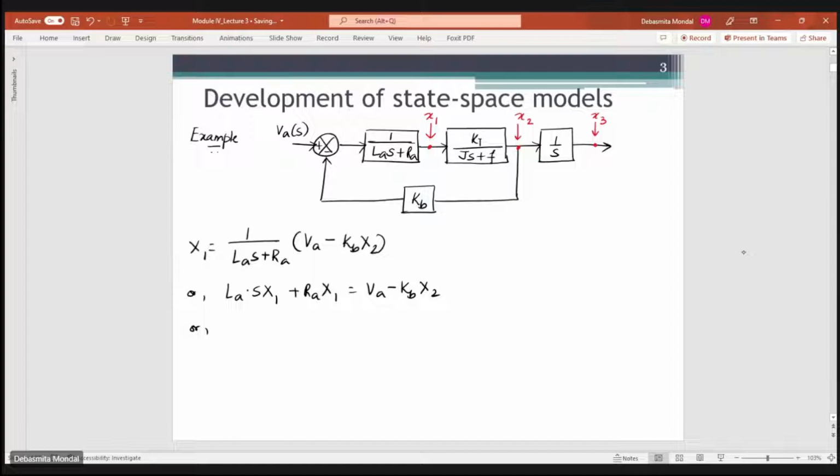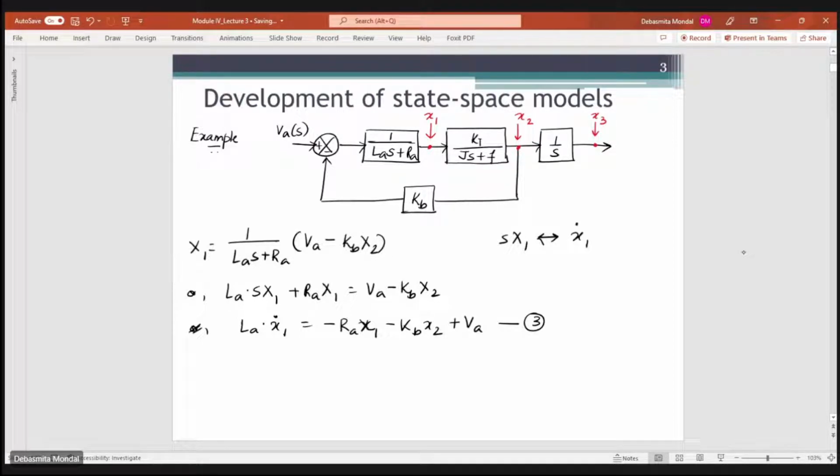And then if you take the Laplace inverse, this s into x1 is nothing but x1 dot. So in time domain you can write LA multiplied by x1 dot is equal to minus RA into x1 minus KB into x2 plus VA. So this is your equation number 3.